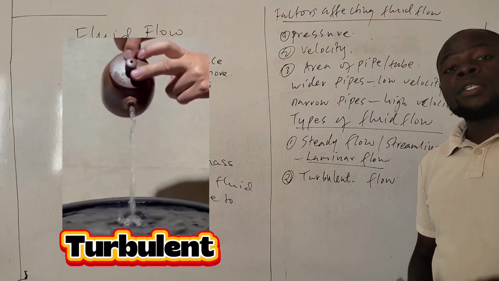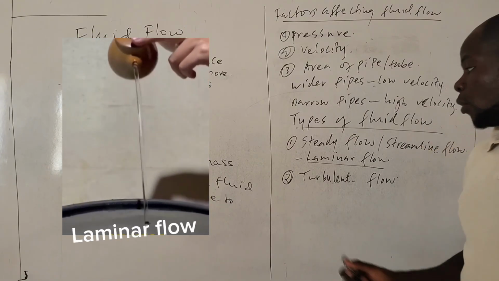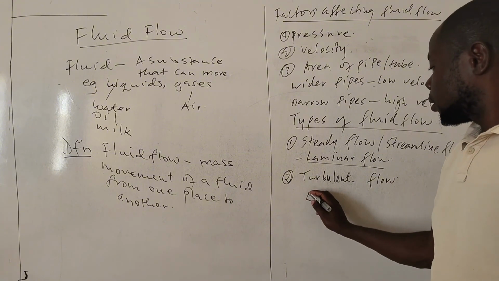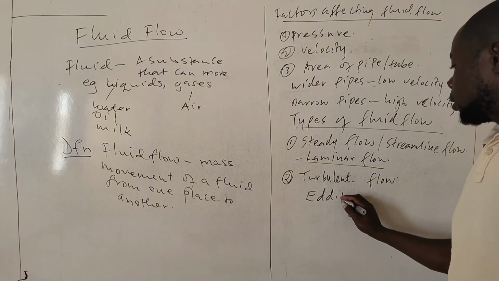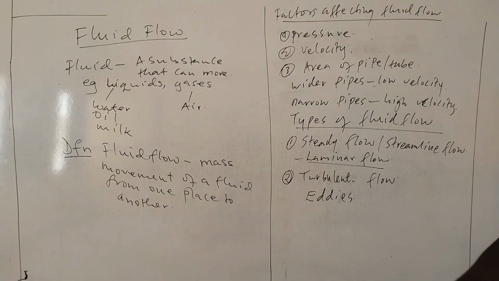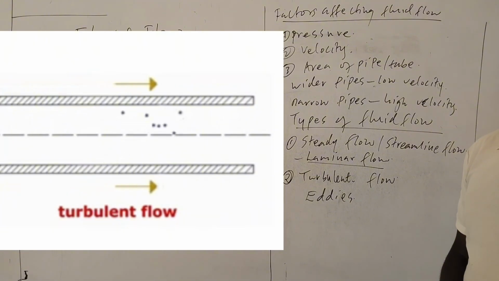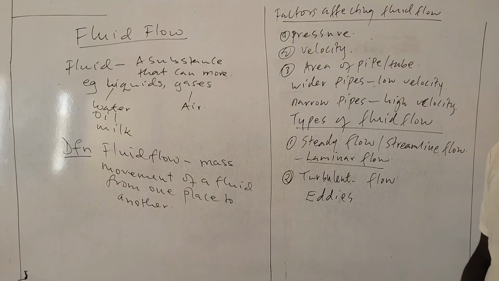This is where the flow is disorderly and very rough. It has what we call eddies. Eddies is where the particles moving are not facing in the same direction, and also the velocity is not the same.